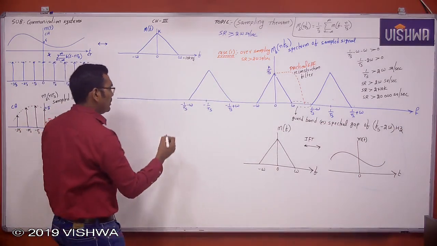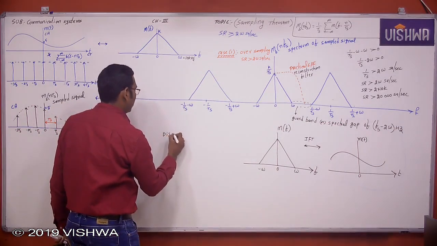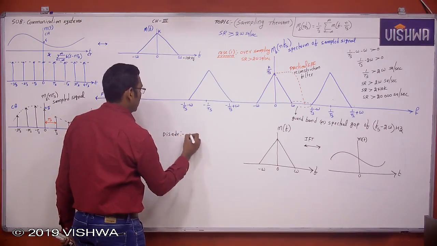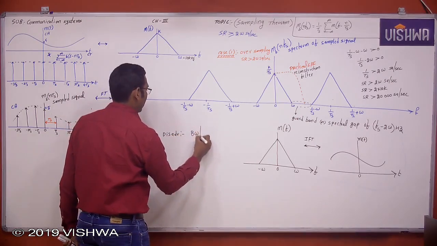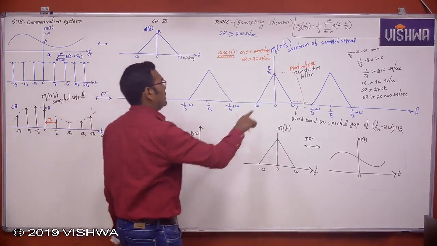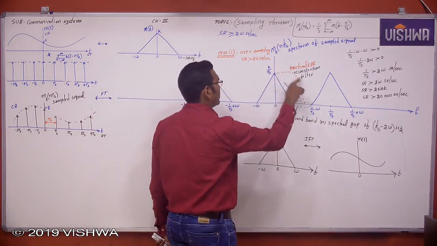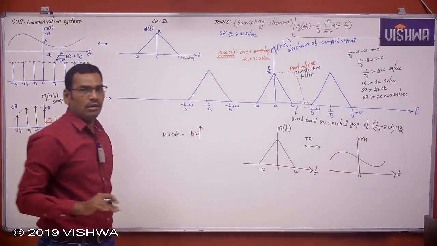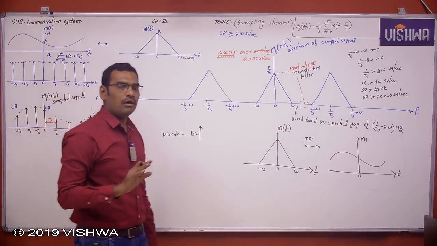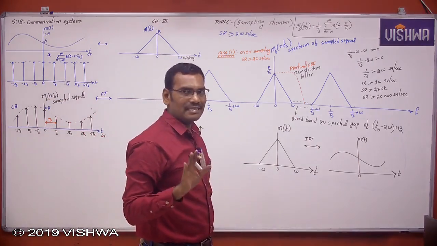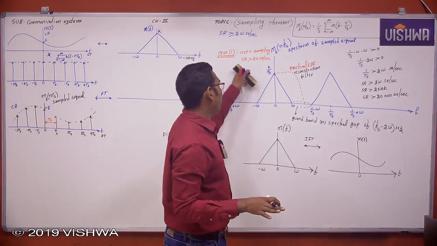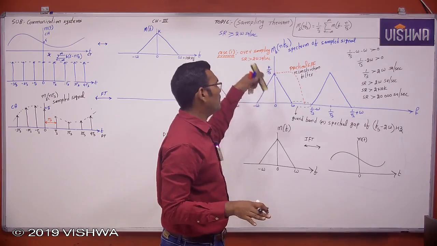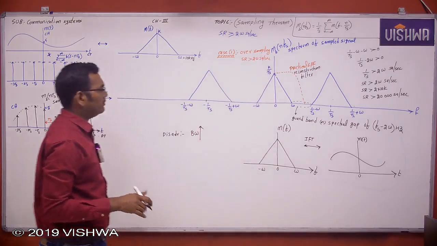The disadvantage of oversampling is increased bandwidth; the advantage is that reconstruction is possible with practical filters. So in digital communication, you always sample the signal at a rate greater than 2 omega samples per second. Note down.